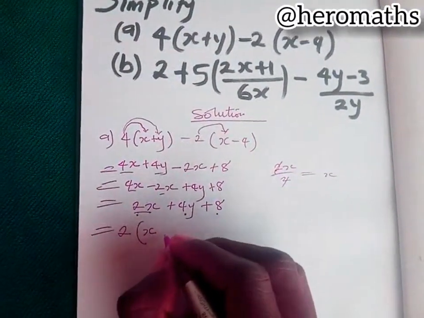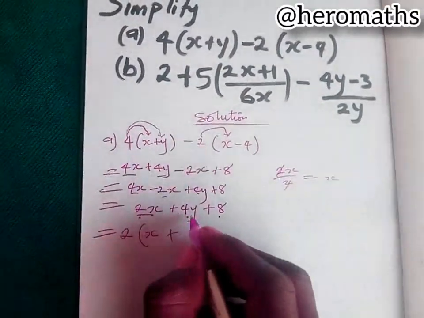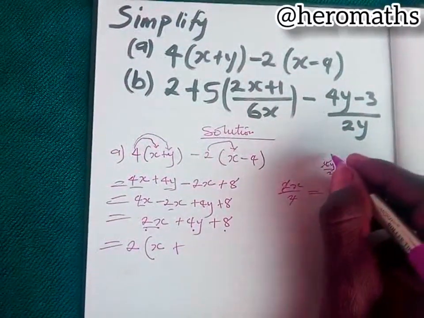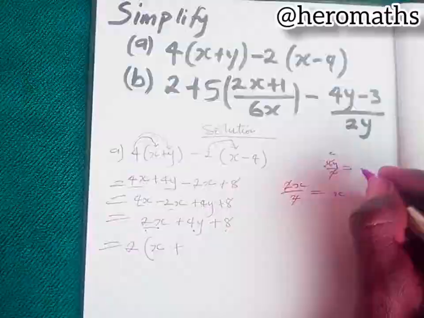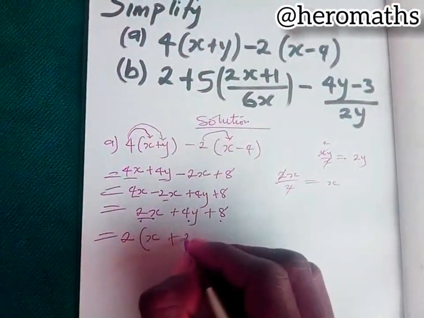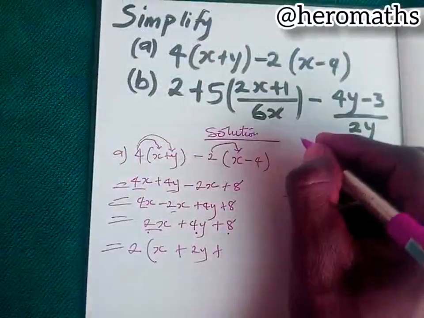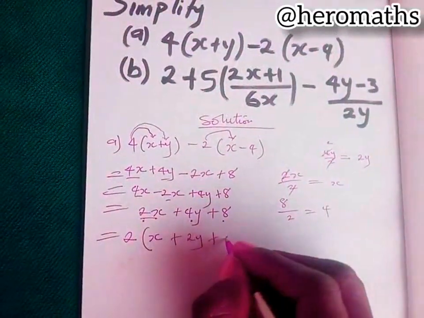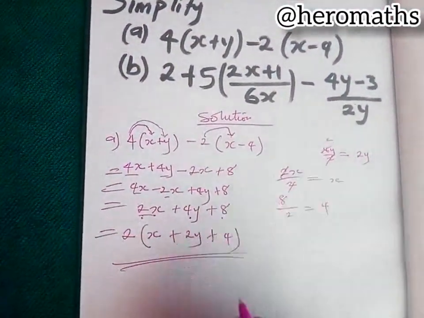You put x inside, plus 4y divided by 2, you will be left with 2y. Plus 8 divided by 2 will give us 4. That is 2(x + 2y + 4), and that is the final answer for this one.